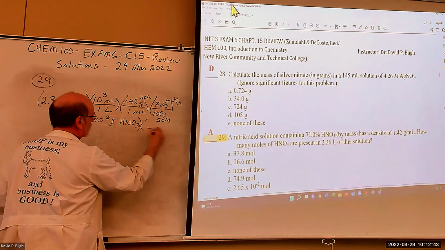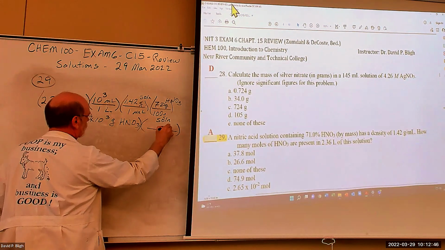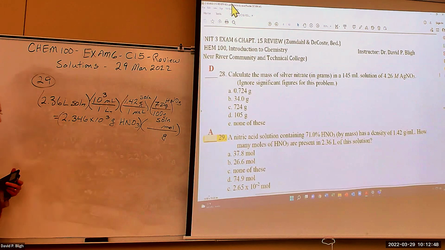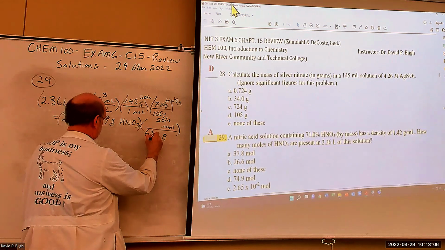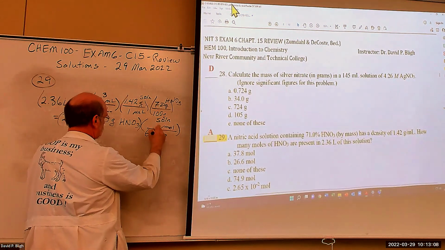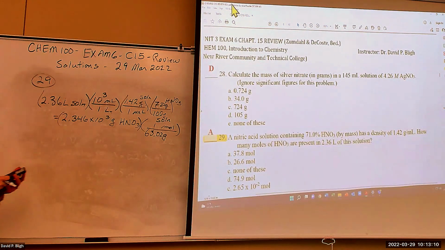So we just need a conversion factor to go from grams to moles. HNO3. Hydrogen 1.01. Nitrogen 14.01. And oxygen, 3 times 16 is 48. 63.02. Divided into that value. And I get 37.2.